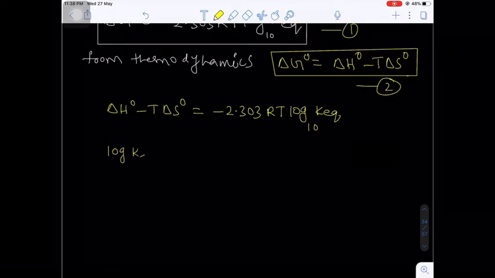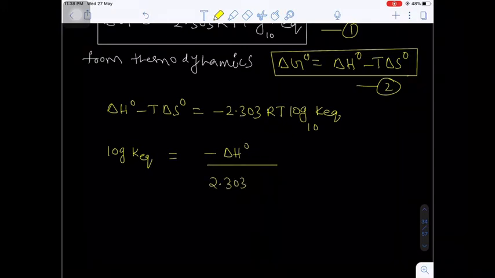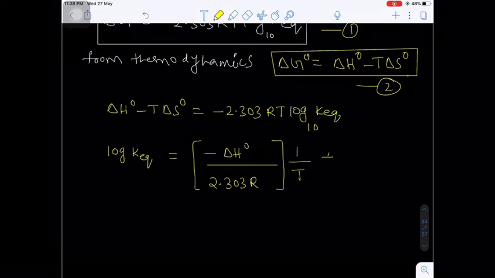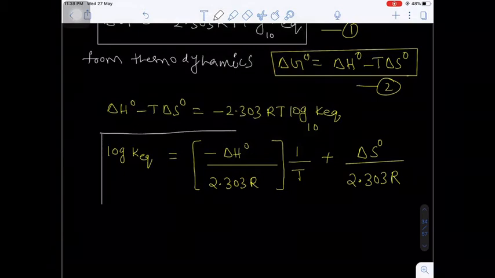Okay, from here, log K equilibrium will be equal to minus delta H naught whole divided by 2.303 capital R multiplied by 1 by T, because T is the variable, then K variable. Okay, plus delta S naught whole divided by 2.303 capital R. Okay, this is a very important expression.